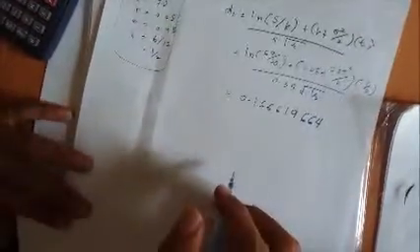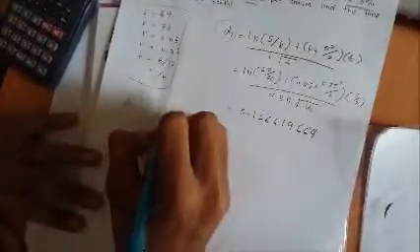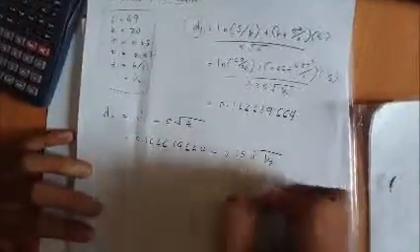Then when we fill the formula with this data, we get D1 as 0.1661964. After we find the value of D1, we must find the value of D2. The formula for D2 is D1 minus volatility times square root of time. So we fill it with D1, 0.1661964, minus 0.35 times the square root of 1 over 2.